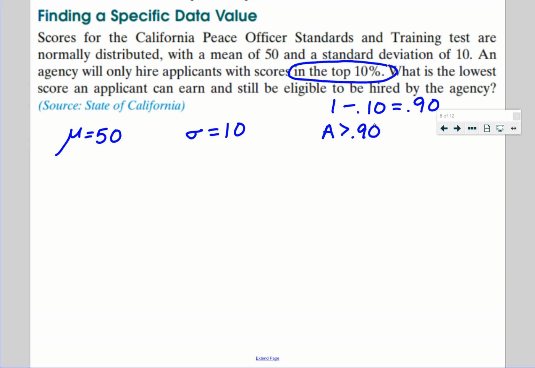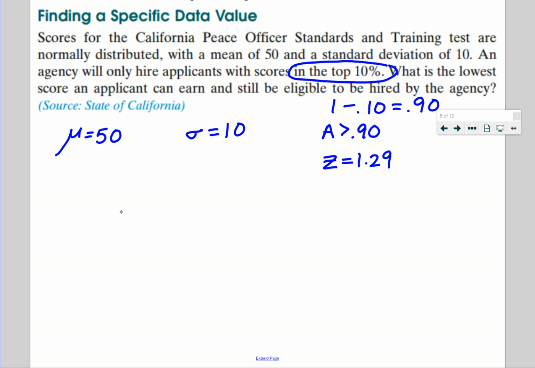Okay, so let's see here. First number that is above 0.9. I have 0.9015. That looks good. So 1.29 is the first z-score that would correspond with the top 10% of the data. Once you know that, you can convert it to an x value.